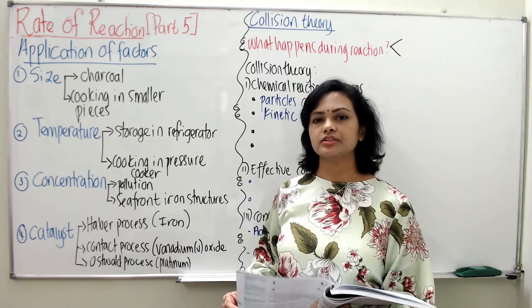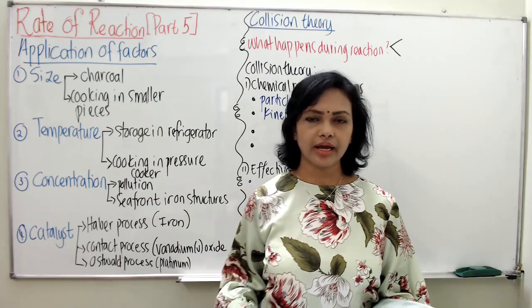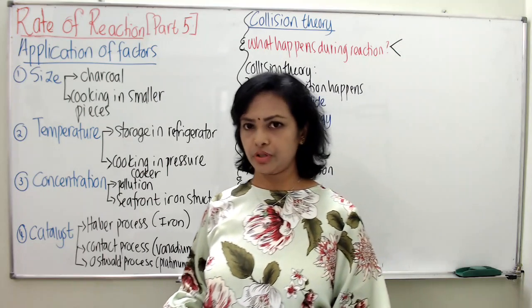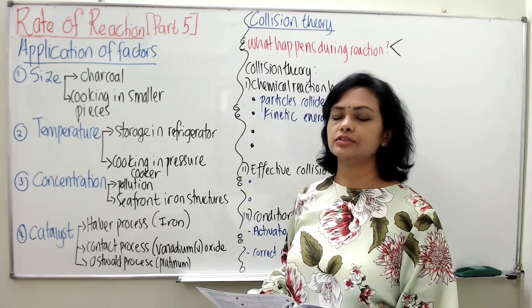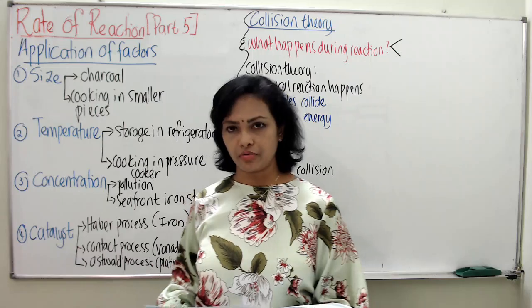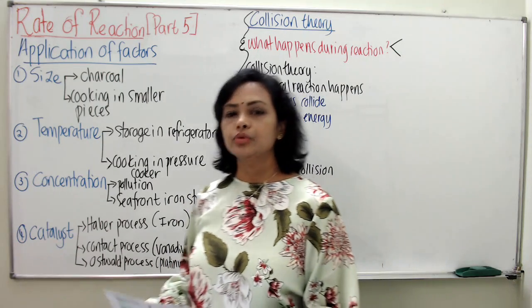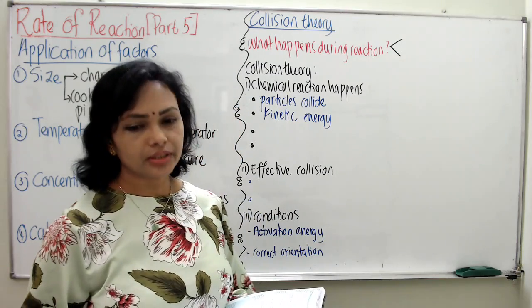The factors that affect the rate of reaction, teacher has discussed in part 3 and part 4 of our video on this chapter. All four factors affecting the rate of reaction, teacher has discussed in part 3 and part 4. And today the teacher is also going to introduce collision theory.